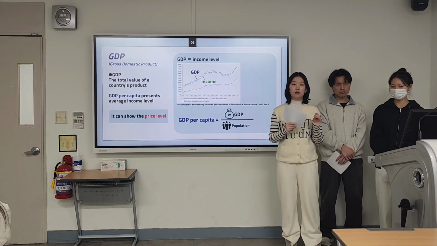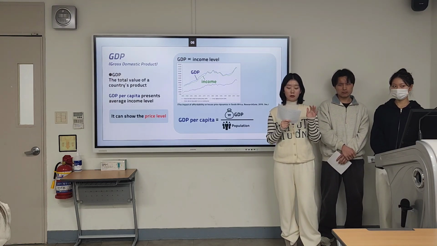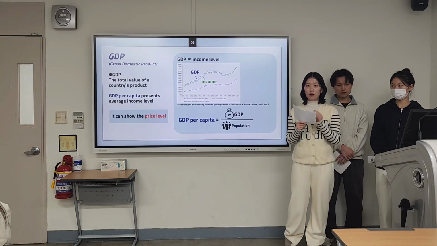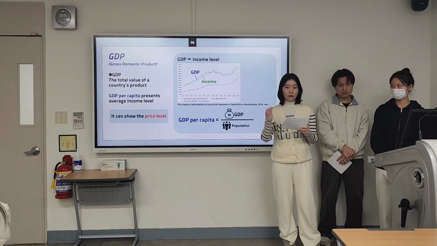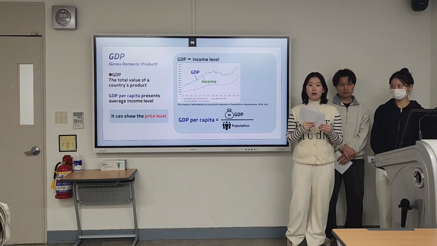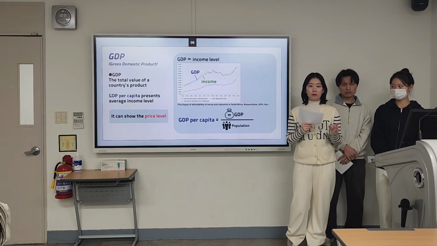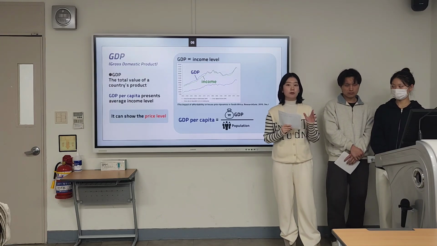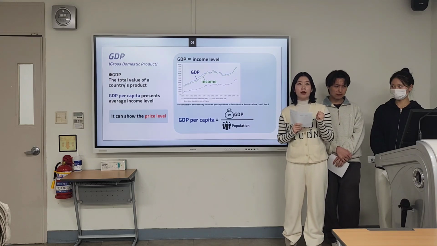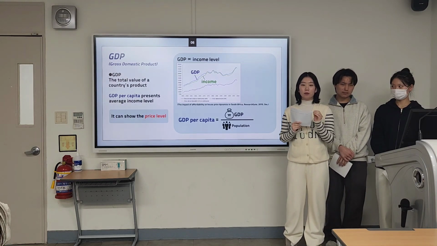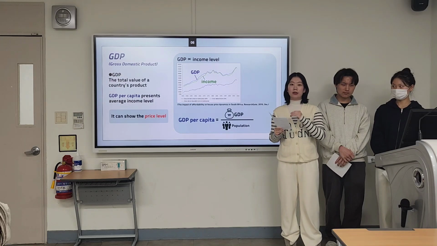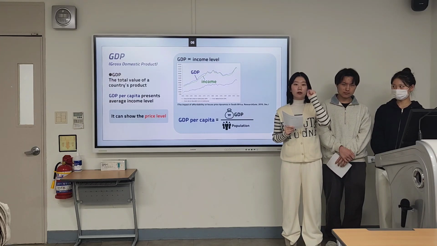And because the economic situation is linked to the level of national income, we can find out the level of income through GDP. At this point, GDP per capita, which shows the average output and income level per capita, is used by dividing the total GDP by the number of people.